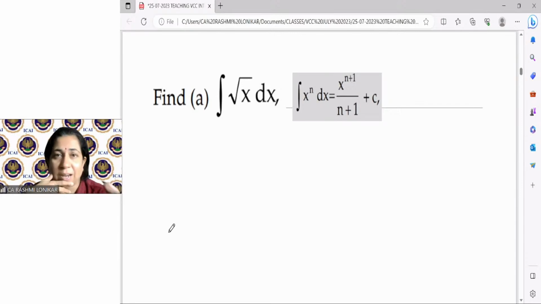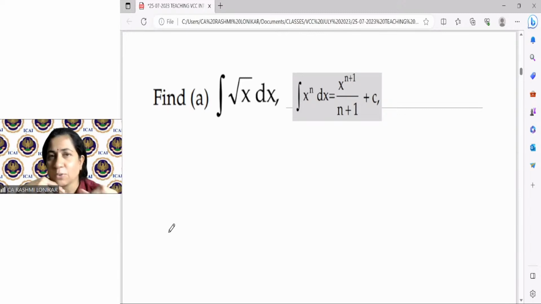What I suggested is write that question also, and in front of that write the formula that you're going to use. That way it fits into your memory. That's a very good shortcut that I'm trying to tell you: your audio visual memory is enhanced that way. And while you're writing, also speak it.